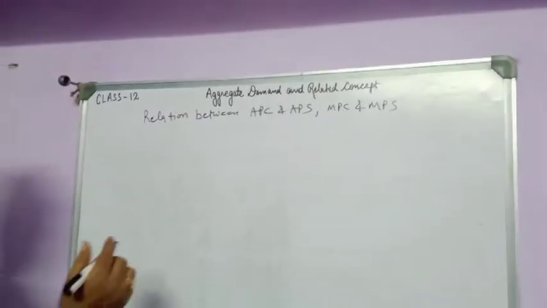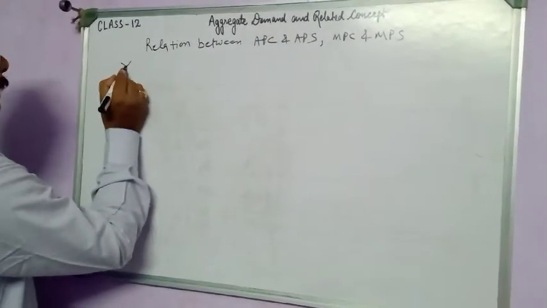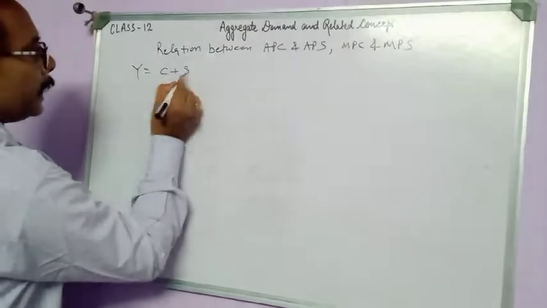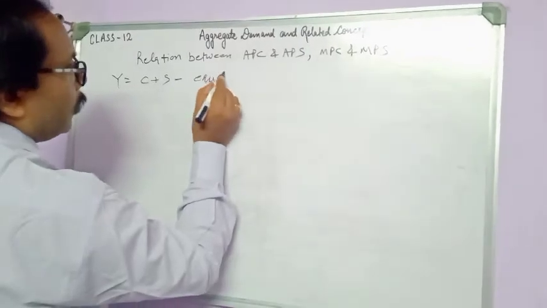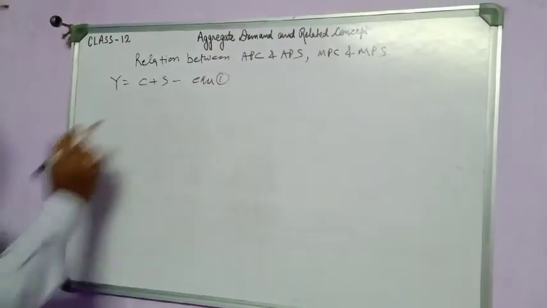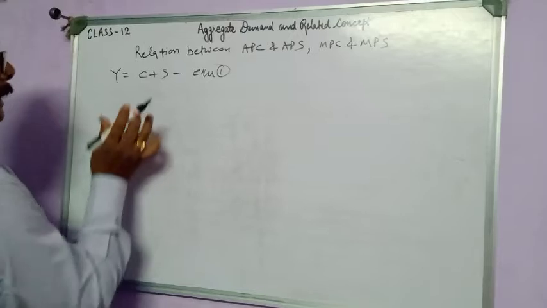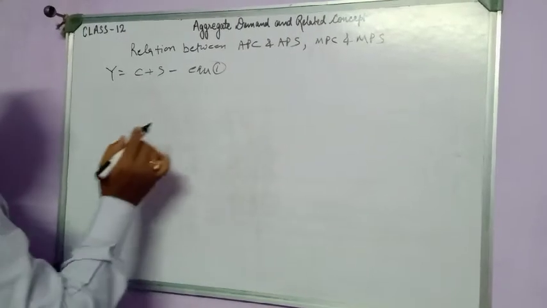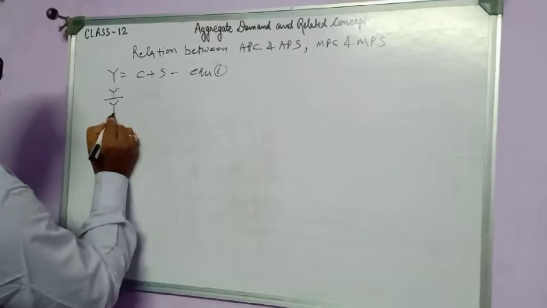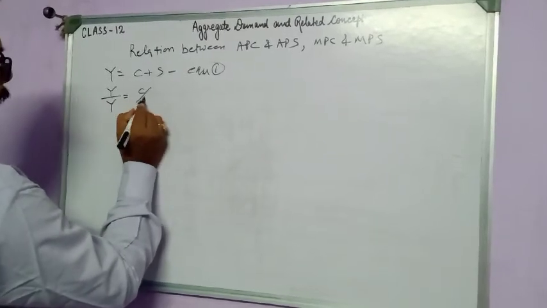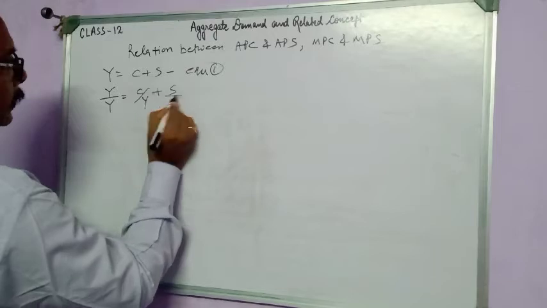So as we know, Y is equal to C plus S. This is equation 1. If equation 1 is divided by the same number on both sides, what will happen? Y divided by Y is equal to C divided by Y plus S divided by Y.